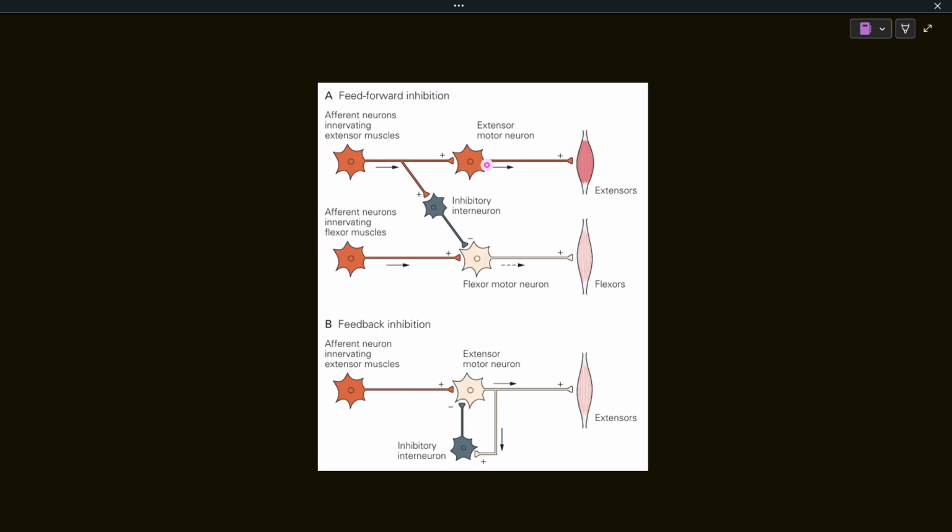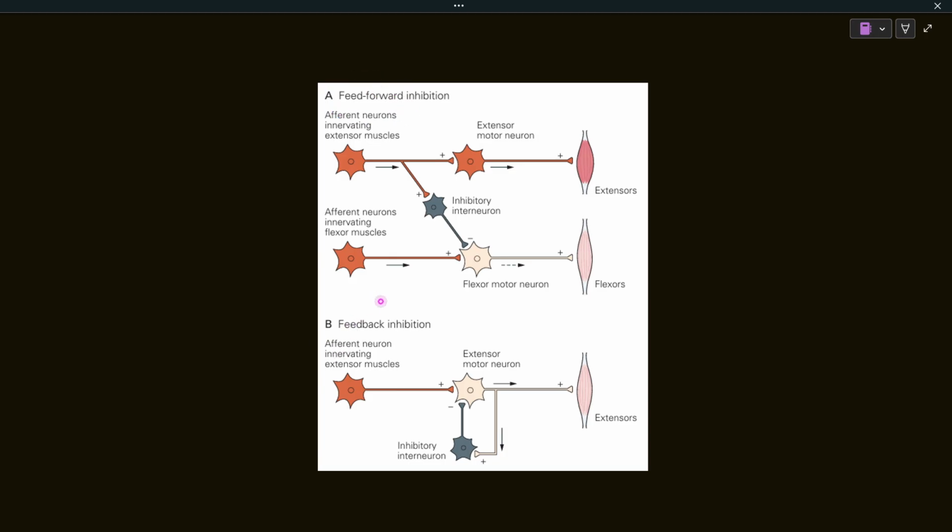Okay, and for a certain movement to be smooth, you have to inhibit the antagonistic movement to that, right? If you want to do the extension of certain muscles, you have to assure that the flexion will be inhibited, and such inhibition is going to result in smooth movement. So it is inhibiting the conflicting movement, and that is why it is called feed forward inhibition.